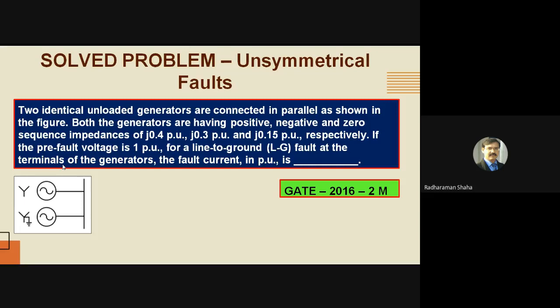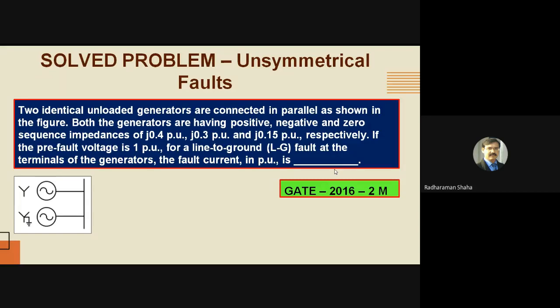In this year's question paper, no alternative is given to you. They have asked you to calculate the fault current and write it on the blank space. The paper is online, so there will be a space provided to you, and in this space you will have to write the answer.